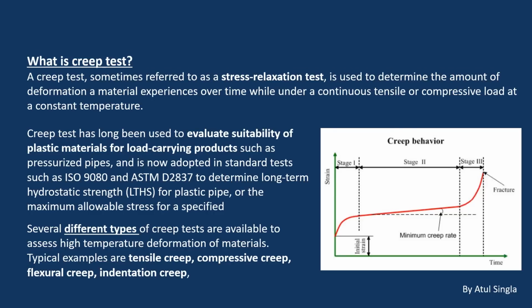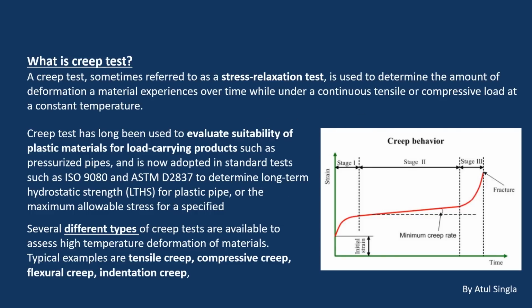These are the standards used to determine the long-term hydrostatic strength of plastic pipe, or the maximum allowable stress for a specified material. They help to identify this kind of behavior, especially for plastic pipes.